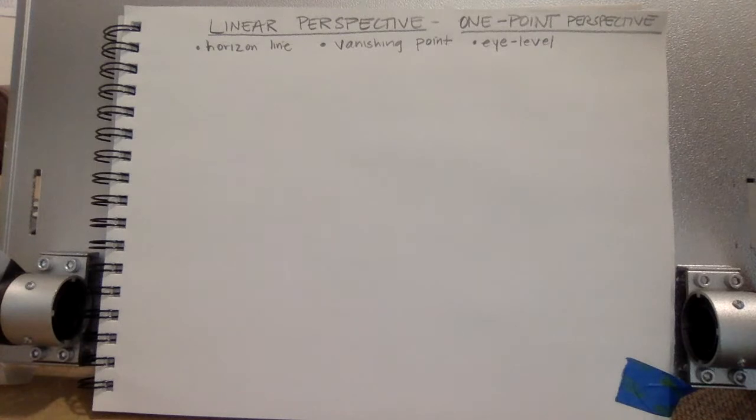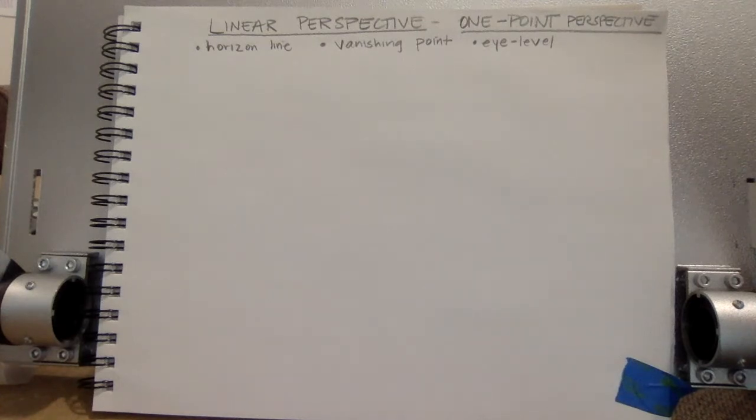If you've ever heard of 1-point perspective or 2-point or 3-point or multiple point, those are all different kinds of linear perspective. This is kind of an invented technique for showing the illusion of depth and space in a drawing, and it was invented by an Italian man named Brunelleschi in the 16th century.